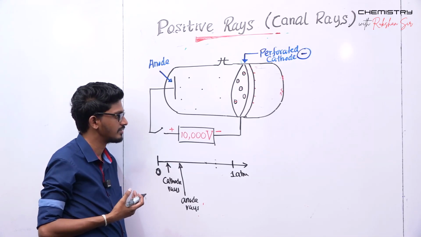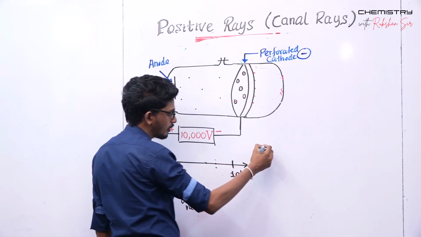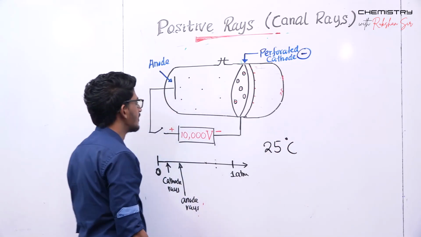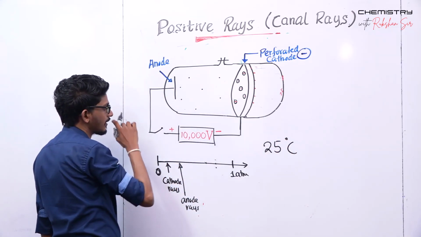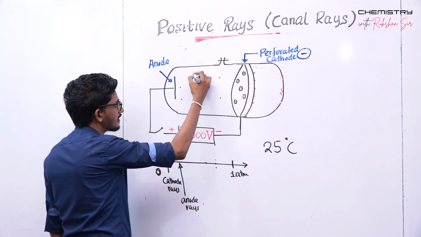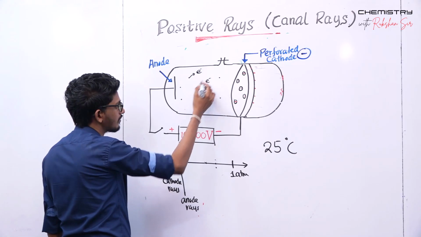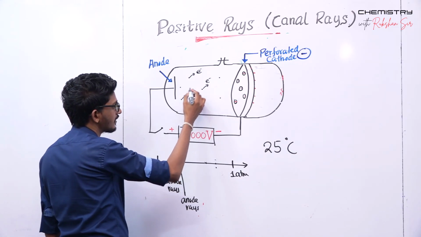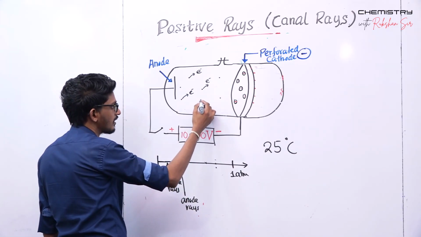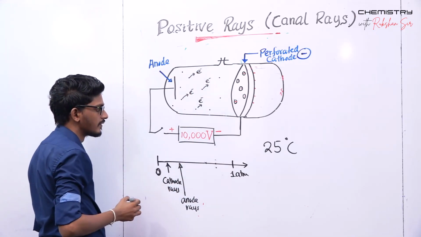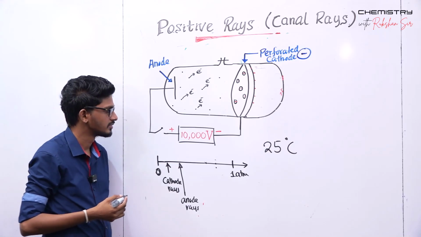Even at 25 Celsius, normal room temperature, we would see some gas molecules ionized by releasing electrons in this kind of low pressure.